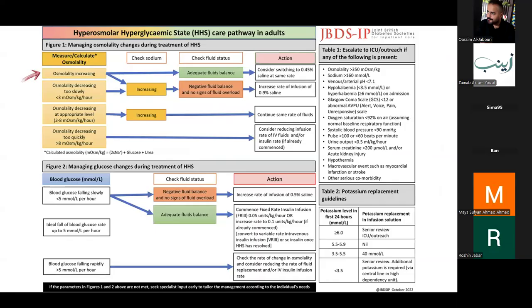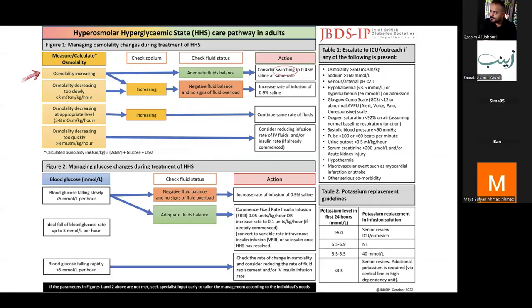So if you notice that the osmolality is increasing, first of all, you need to check if your fluid balance is adequate or not. If it's adequate and the osmolality is going up, that's when you switch to half saline. But if your osmolality is going up, but you have a negative balance, then you have not hydrated the patient well.